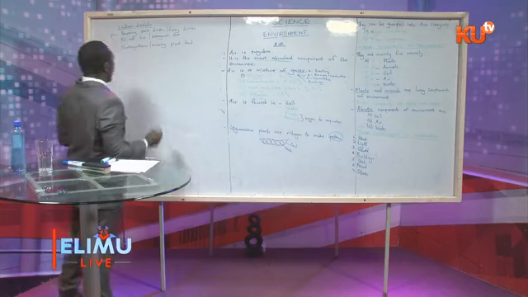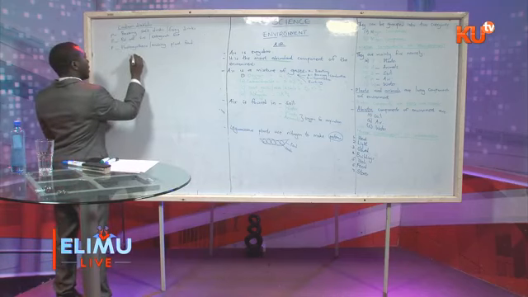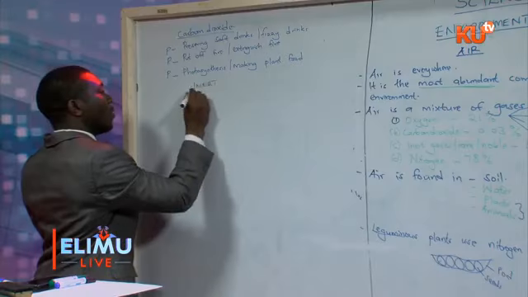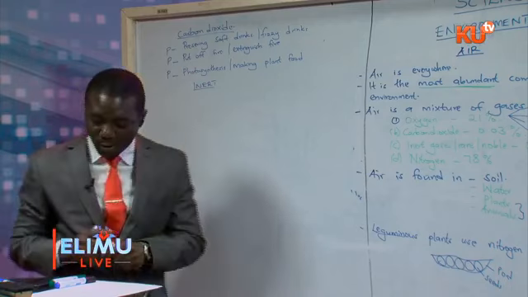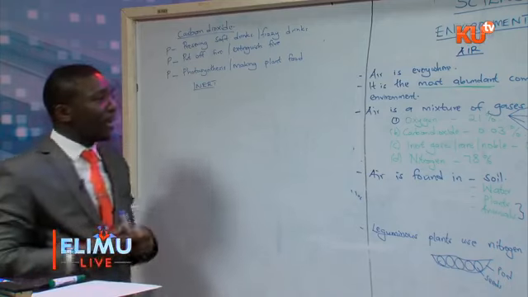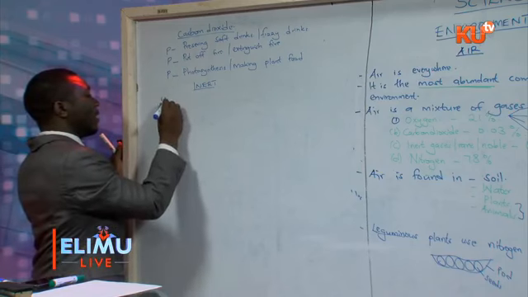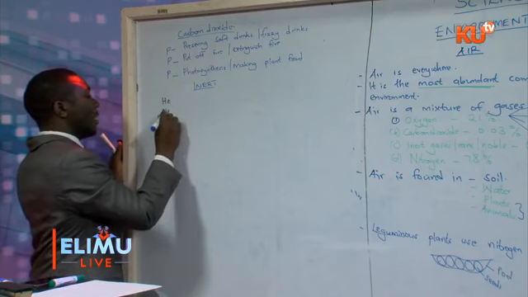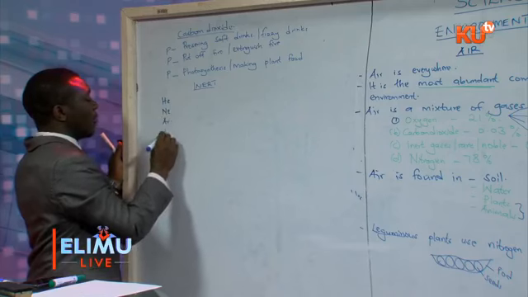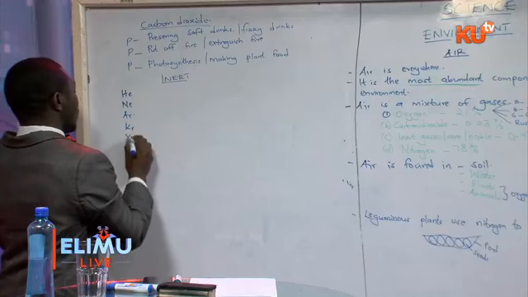And then when you come to the uses of inert gases, they are also known as noble gases or rare gases. We have got different examples of these inert gases, but we can just write a few.